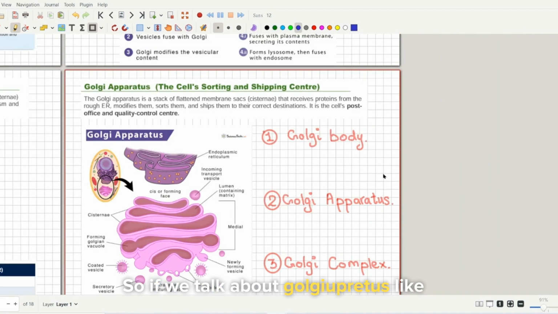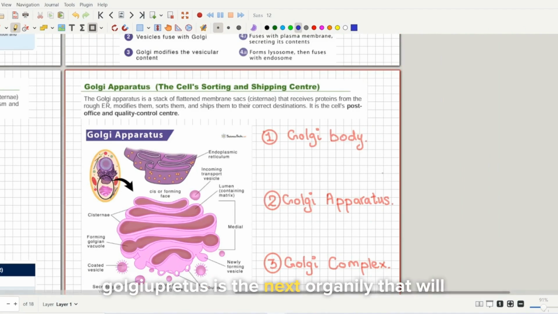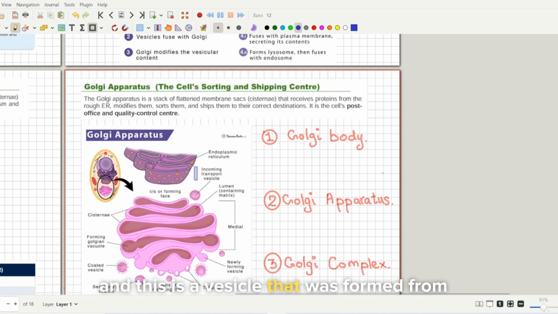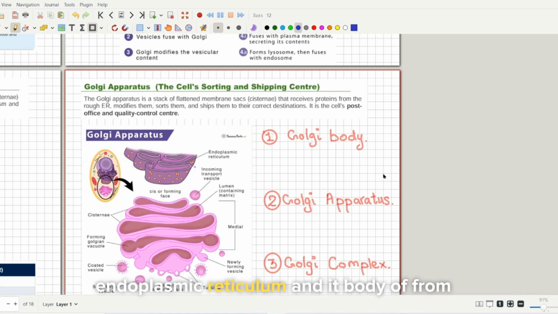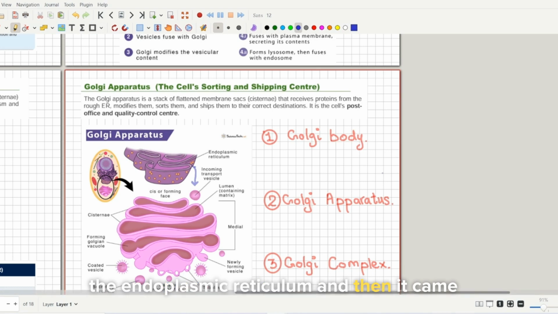Golgi apparatus is the next organelle that is formed by the endoplasmic reticulum. As you can see, this is the endoplasmic reticulum, and this is a vesicle that was formed from it. It budded off from the endoplasmic reticulum and then came towards the Golgi apparatus. One thing you need to know is that approximately all single membrane organelles are formed by the endoplasmic reticulum.